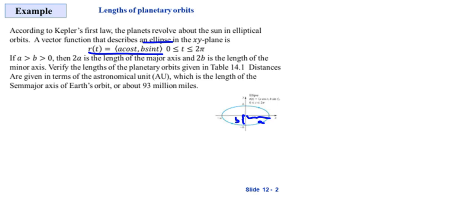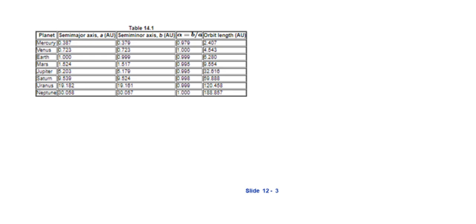Okay, so now I want to find what the lengths of the orbit will be using our formula. So I'm going to look at one particular planet. Let's look at Mercury. They give us what the a value is, and they give us what the b value is. And notice here the a's and the b's are very similar, so these are almost circular orbits.